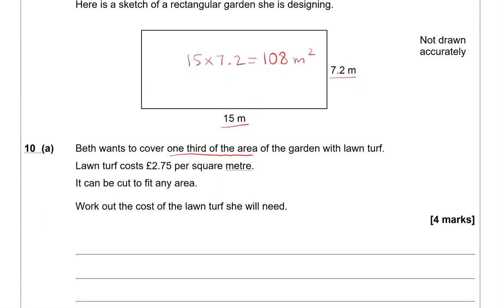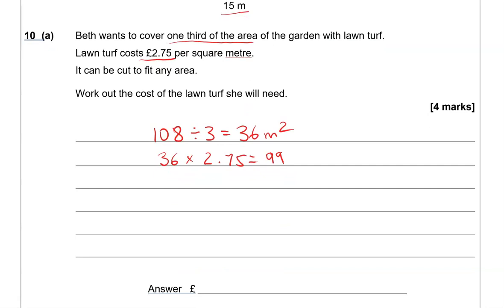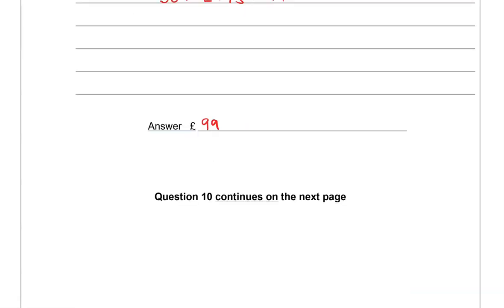Now we need just 1/3 of that, so we're going to do 108 divided by 3, which is 36 square meters, and the cost is £2.75 per square meter, so 36 times 2.75, and that is equal to 99. So the answer is £99.